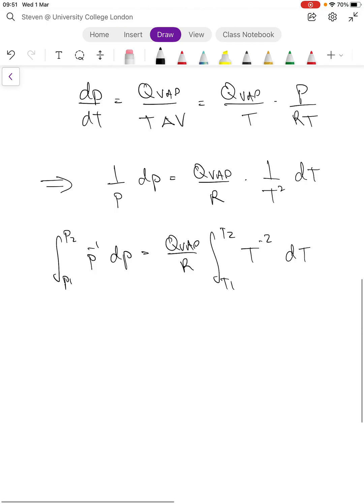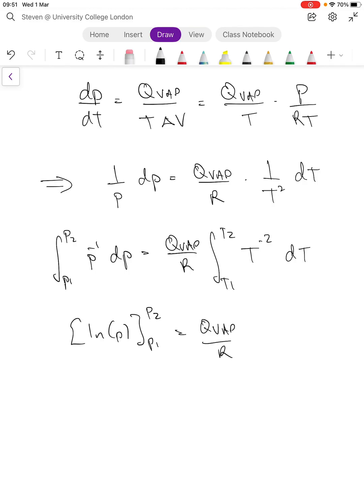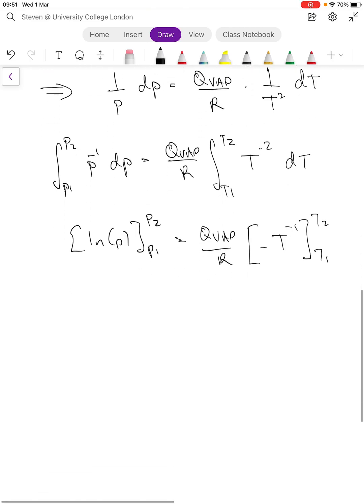And this then is equal to the natural logarithm of P evaluated from P1 to P2, which is equal to the latent heat of vaporization divided by the gas constant times minus T^-1 evaluated at T1 and T2.